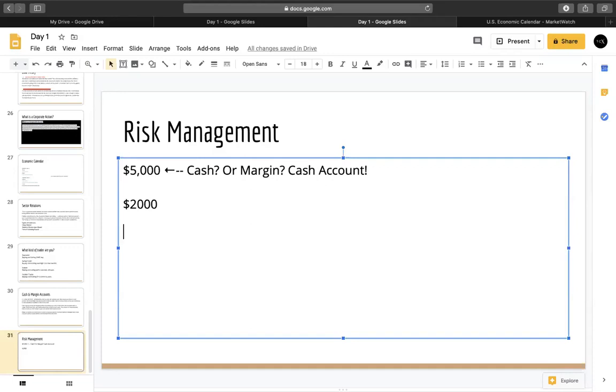Now you have $2,000 left. How many times harder is it going to be to get back to 5,000? Right? Because now you have to make at least 100% of this 2,000. If you make 100% of this 2,000, you're still at what? 4,000.